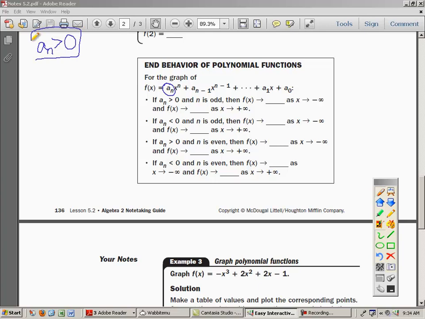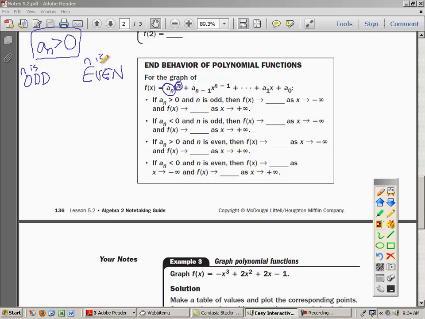If a is greater than 0, then either you have an odd degree, meaning this is an odd number, or you have an even degree, meaning this is an even number. So we're going to say n is odd or n is even.